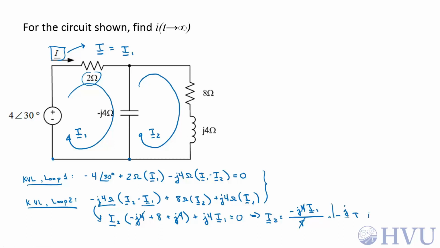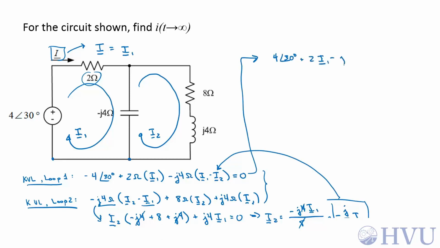Now we can plug this in for I2 in this first equation. So 4 at an angle of 30 degrees plus 2 I1 minus j4 times I1 minus a minus j over 2 I1 is equal to 0.